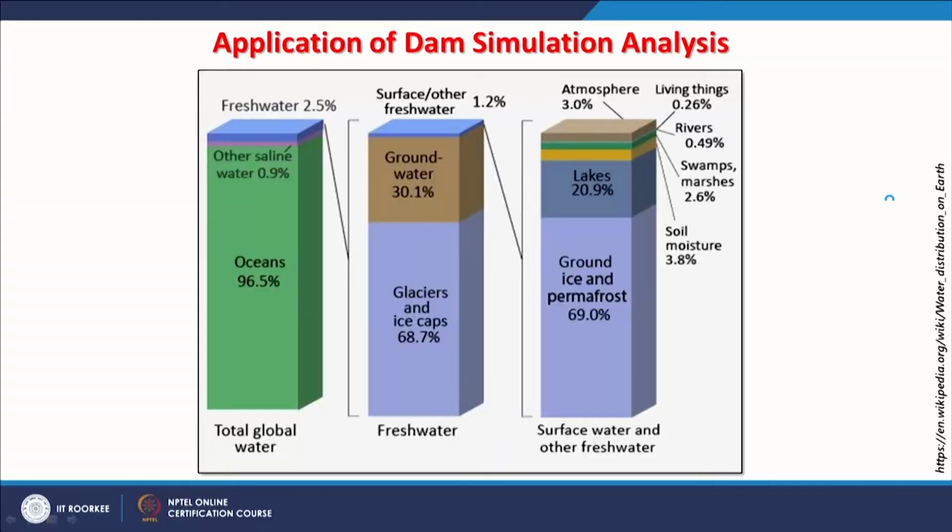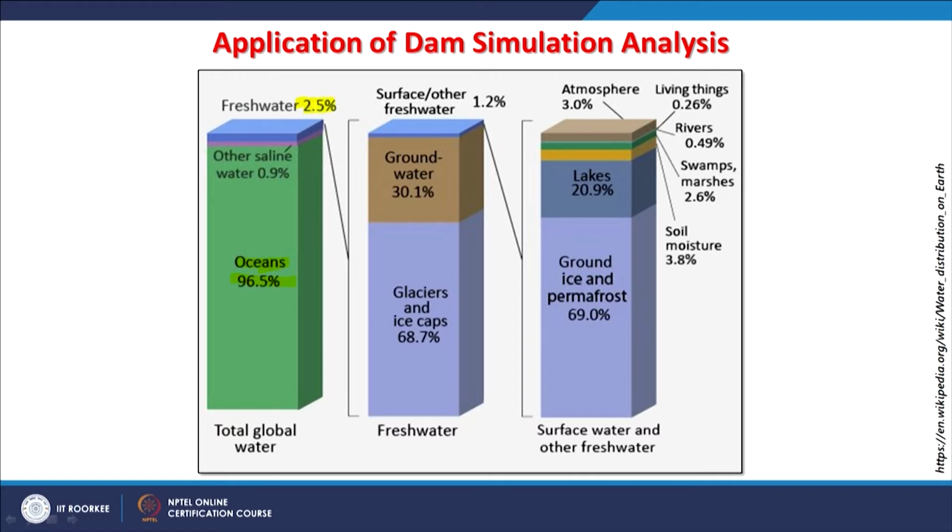Now, this is the point which I was just touching on in the beginning, that the water which we require is very little, a small part of the total water which is available to us. See, 96.5% of the water is in the ocean, but that is saline, and fresh water is just 2.5%.